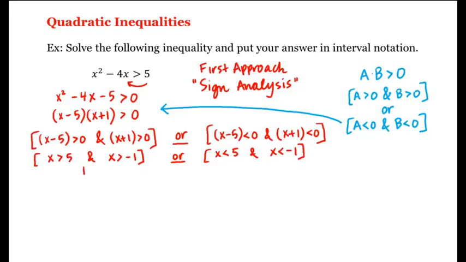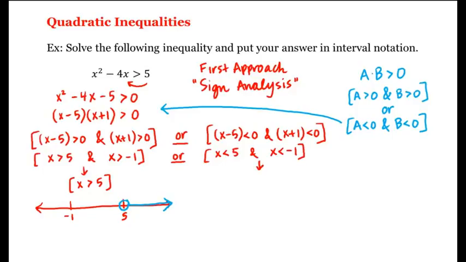Now we can consolidate this into just x is greater than 5, can't we? Because if you think of the number line, let's say this is negative 1 and this is 5. If x is larger than 5, certainly it's larger than negative 1.